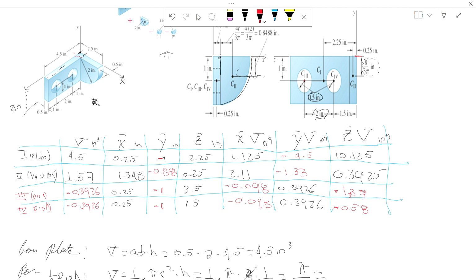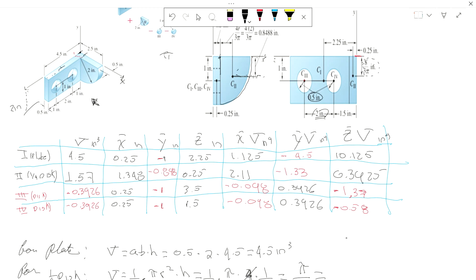All right, so now, in order to find x, y, and z, or the centroid in every point, we have to do this.